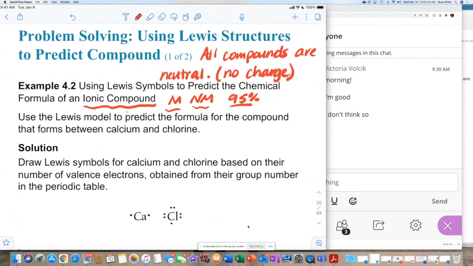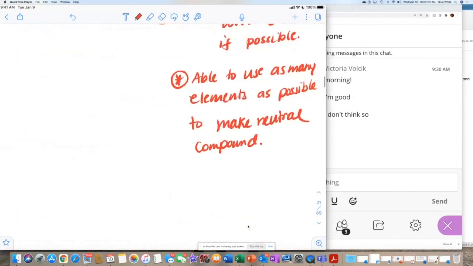So if we're dealing with ionic compounds and making charged ions, because ions are charged, then we are allowed to use as many elements as possible because our goal is also to make a neutral compound. Anytime you try to make a compound, the compound has to be neutral.